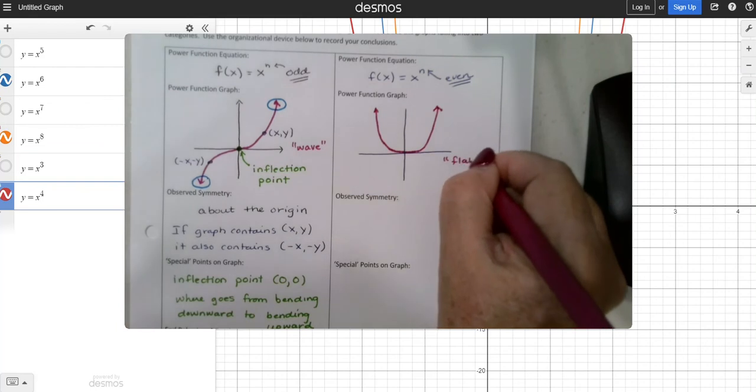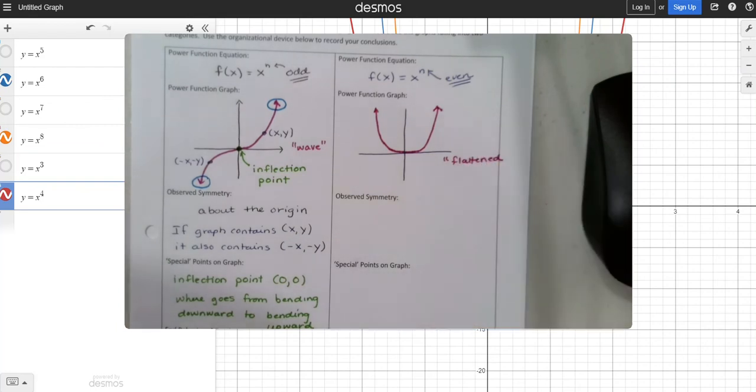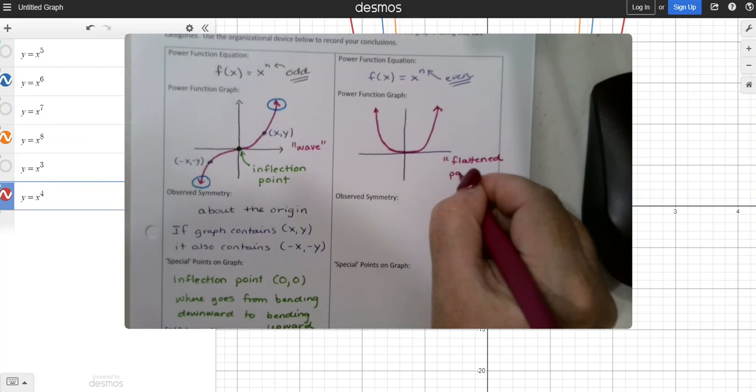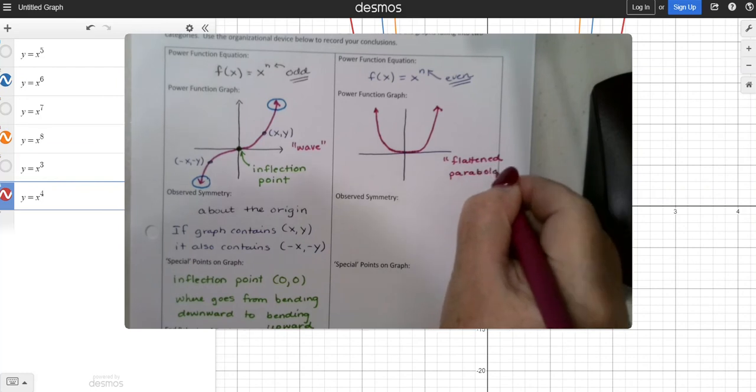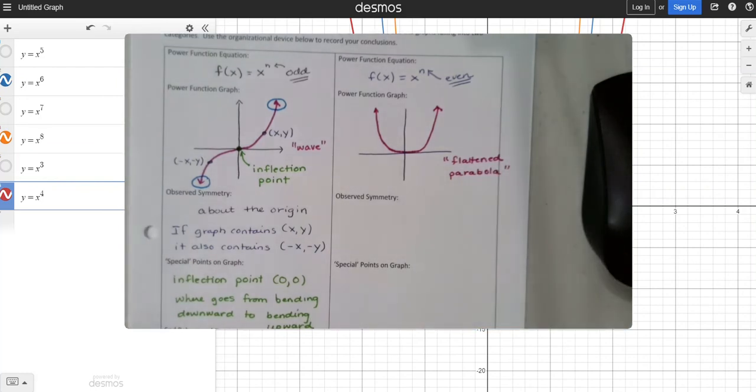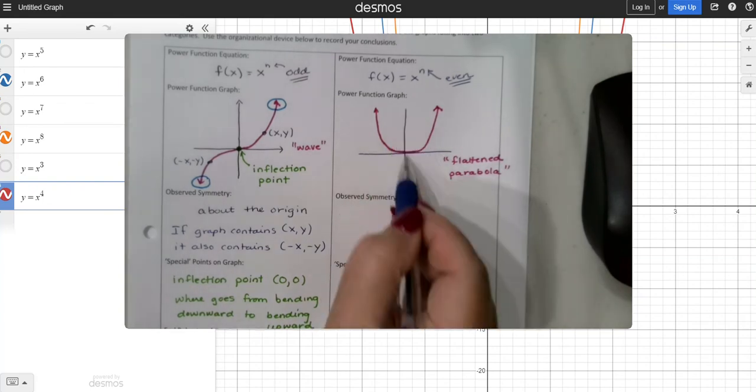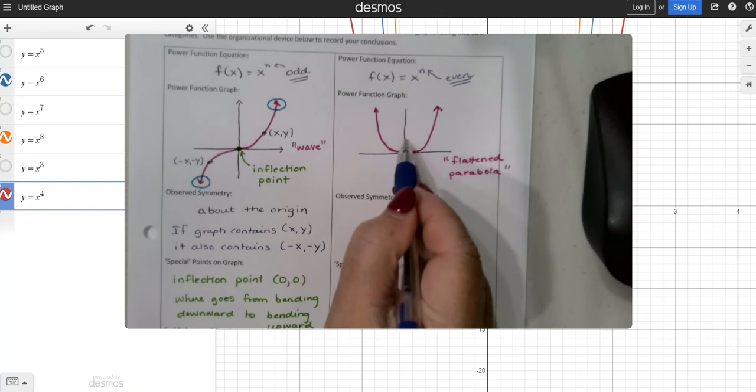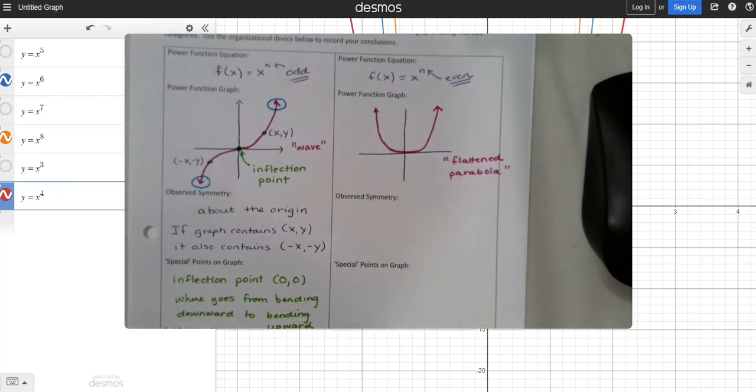And again, this is not an official name, it's just what I'm going to call it so we can talk about it, kind of like a flattened parabola. This one definitely has recognizable symmetry, right? This is definitely symmetric across the y-axis. You have the mirroring going on both sides.